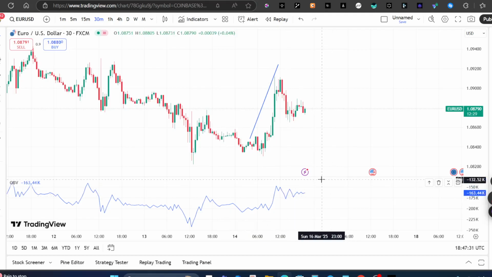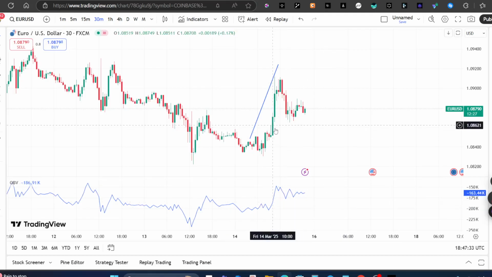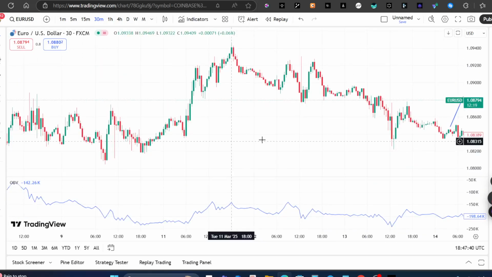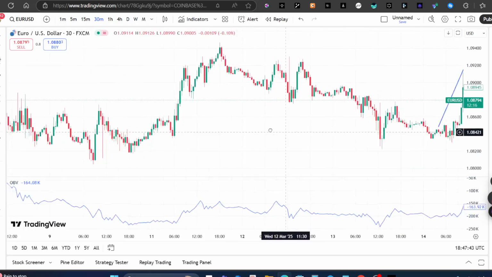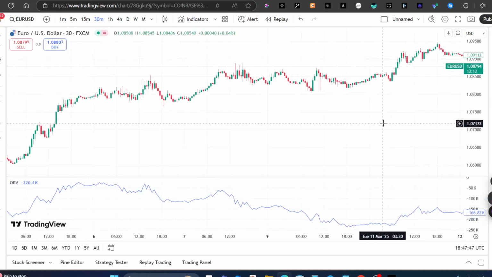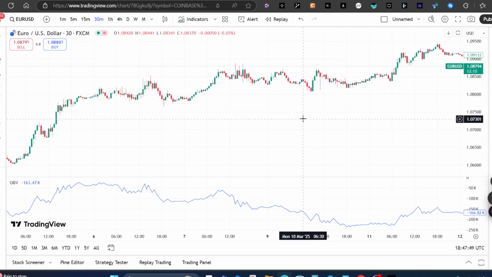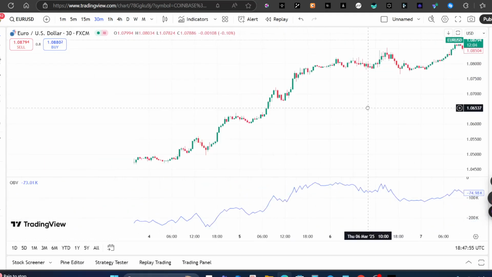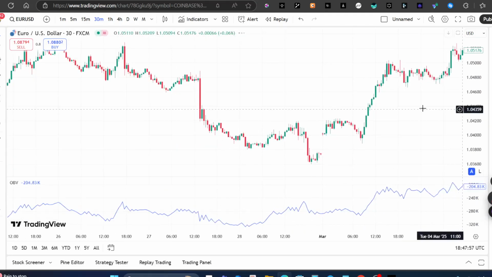For example, if the price is moving higher, but the OBV line is trending lower, it could be a warning that the uptrend does not have strong support.